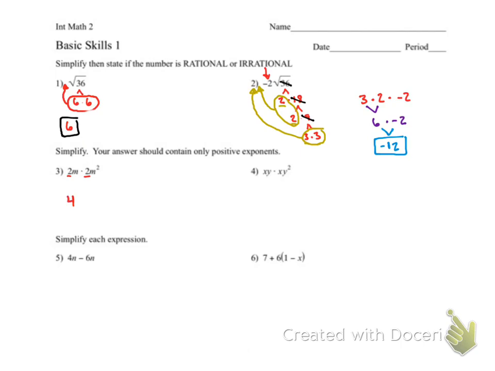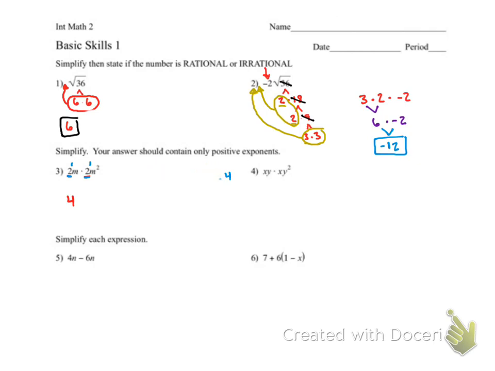Or if you look at it in the exponent way, we have 2 to the first power times 2 to the first power. Remember when you're multiplying like bases, so we have like bases of 2. So if I do this off to the side, 2 to the first times 2 to the first, we add the exponents, so 2 to the second power, which is 4.